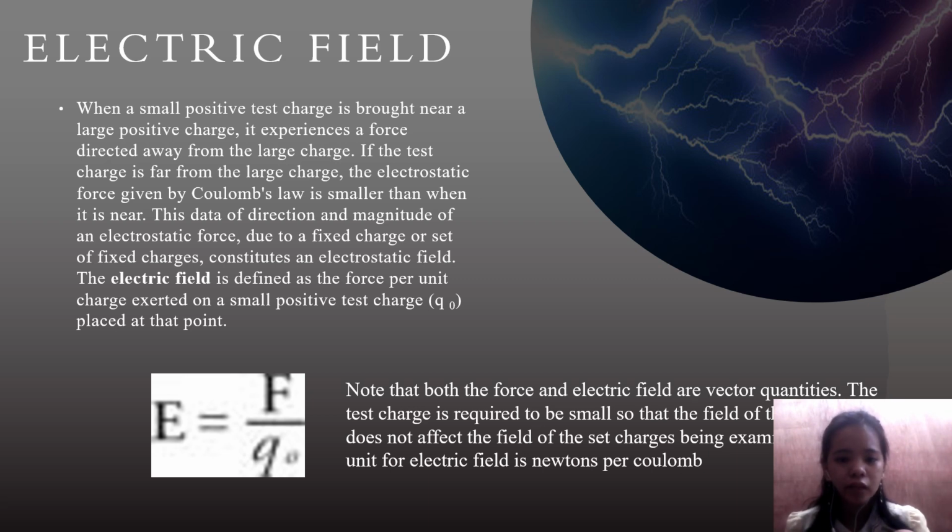This state of direction and magnitude of the electrostatic force due to a fixed charge or set of fixed charges constitutes an electrostatic field. The electrostatic field is defined as the force per unit charge exerted on a small positive charge Q placed at that point. So this is the equation.